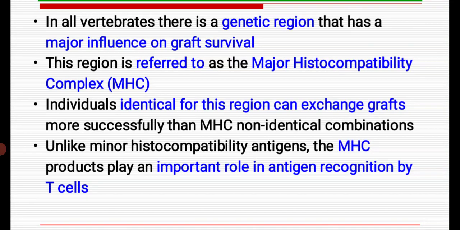Unlike a minor histocompatibility complex, the MHC products play an important role in antigen recognition by T cells. This means the MHC molecule plays two roles: one is successful grafting, and the other is presentation of antigen to the T cells.